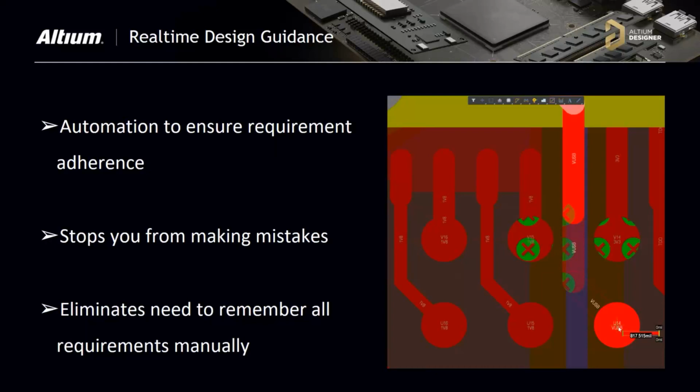Also, this online DRC helps you to quickly react to the error, and you are able to resolve it then and there itself. It will stop you from making mistakes, and also it eliminates the need of remembering the requirements manually.